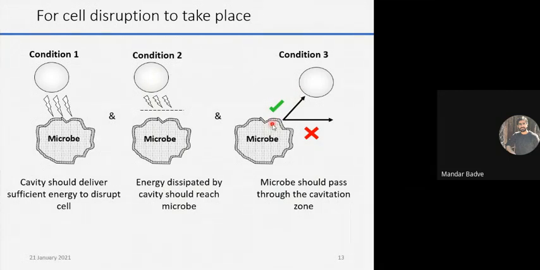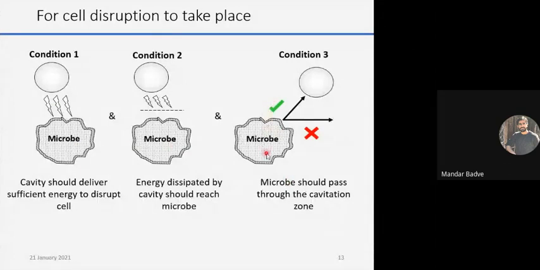These are important conditions which must be satisfied in order for cavitation to disrupt the cell wall of the microorganism, which results in microbe death. The similar concept applies to a particle as well: the cavity should deliver sufficient energy to disrupt that particle, the energy dissipated by the cavity should reach that particle, and the particles should pass through the cavitation zone as well.